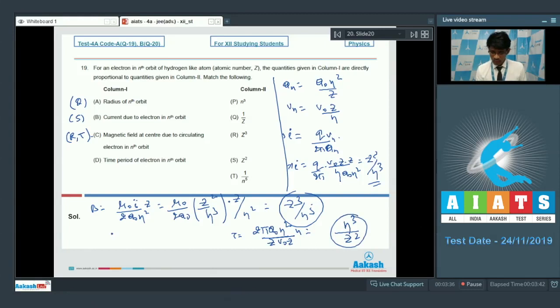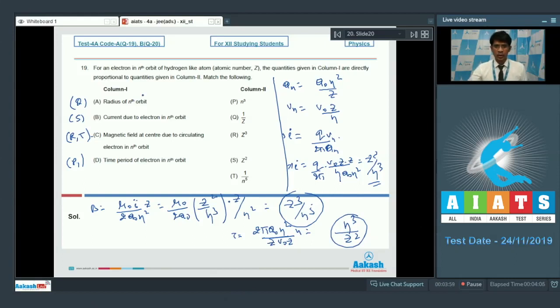So time period is proportional to n cube. It is P, and just see if we are having something like 1 by z square. That's not there. So these are the correct answers. So matching with A is the option Q, matching with B is S, matching with C is R and T, and matching with D is P. So that's the answer for question number 19.